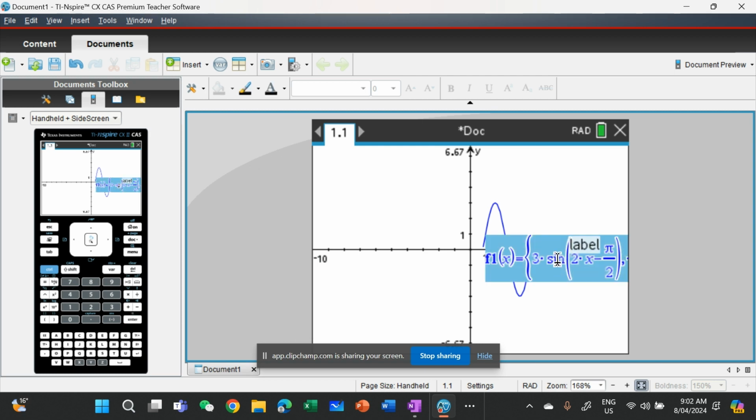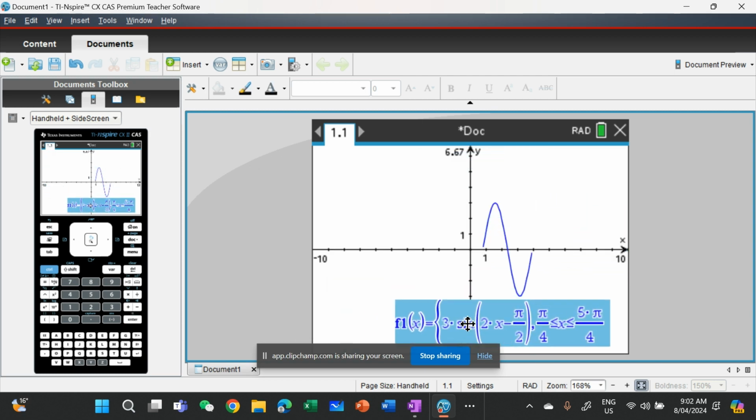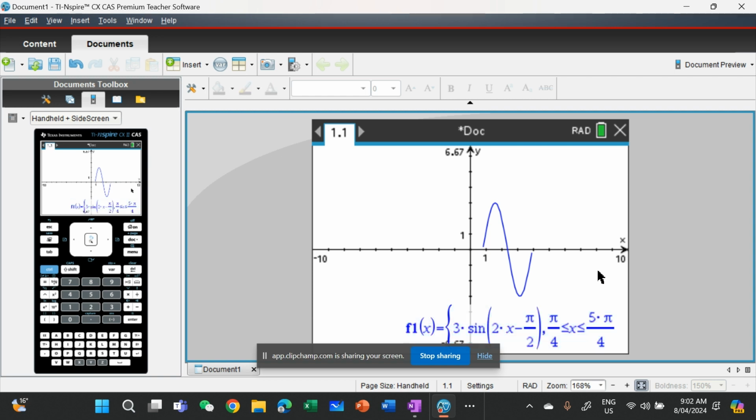So that will be your graph from the CAS calculator.